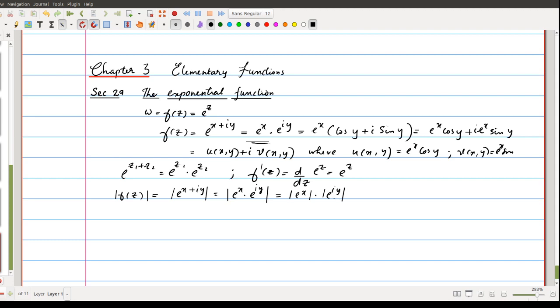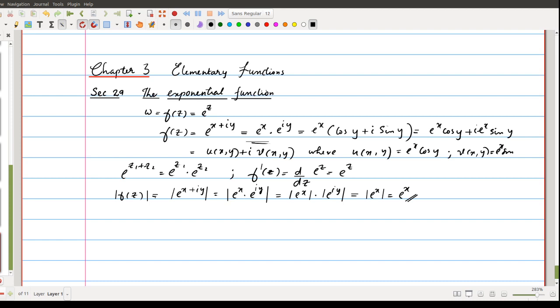But we know that this is the modulus of cos y plus i sin y, and that is nothing but root of cos square y plus sin square y, that is equal to 1. So the modulus is e to the power x, because e power x is always a positive function. So mod f of z is same as e to the power x. This is also an interesting property of this exponential function.